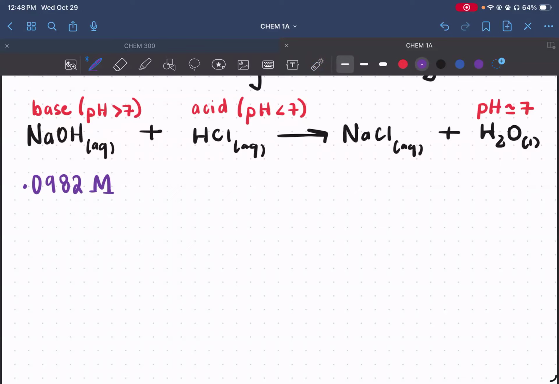So you go to the store, or the lab manager goes and makes this for you, and you're like, okay, I know that the concentration of sodium hydroxide is 0.0982. I don't know the concentration of the HCl. I don't know that.